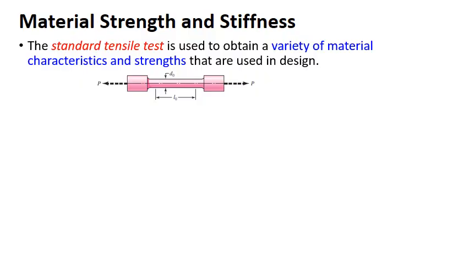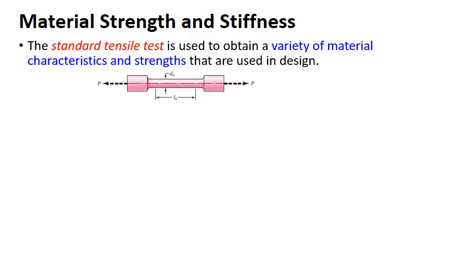The standard basically tells about the way in which the specimen has to be prepared for different cross sections. So you can use a circular cross section, rectangular cross section, or a sheet specimen also. When the cross section changes, obviously the estimated properties do change.